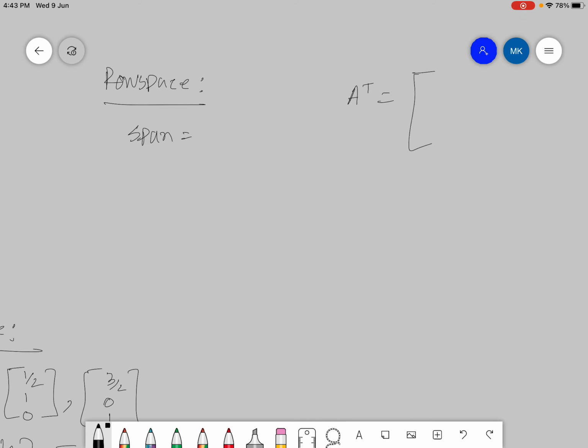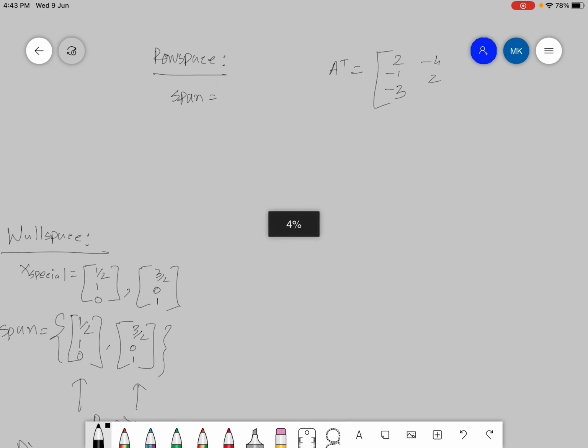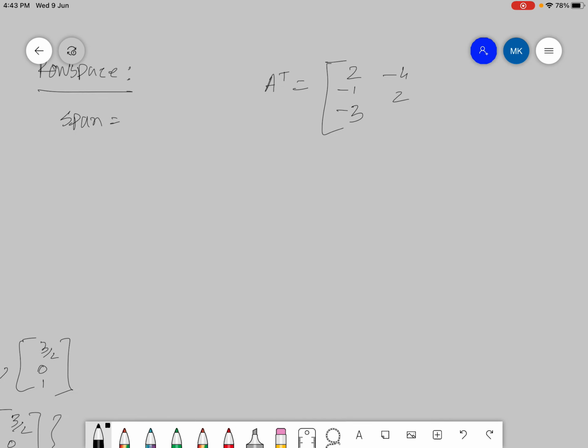If you transpose it, you will get 2 minus 1 minus 3 and minus 4 2 and 6. So you can clearly see that this column is a multiple of this column. Okay, so this is not an independent column.